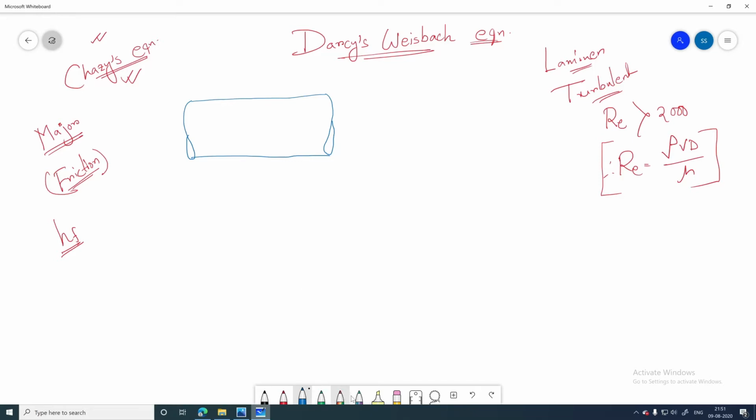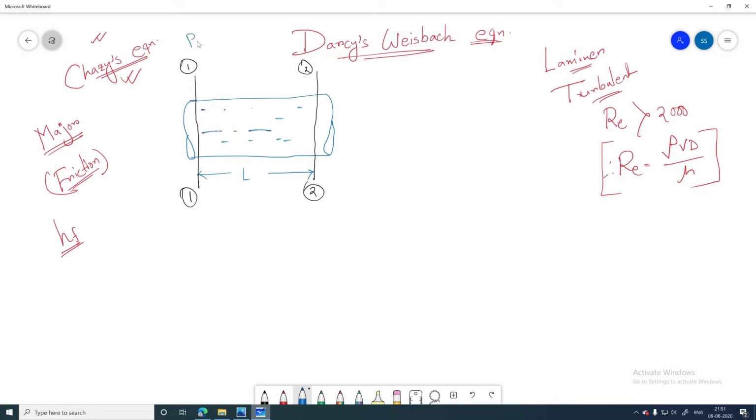Consider this is the pipe and fluid is flowing inside it. Now, as we did in the case of Chezy's equation, we consider two sections on the pipe, right? So here similarly we will consider two sections, 1 and 2, and the distance between these two sections is L.